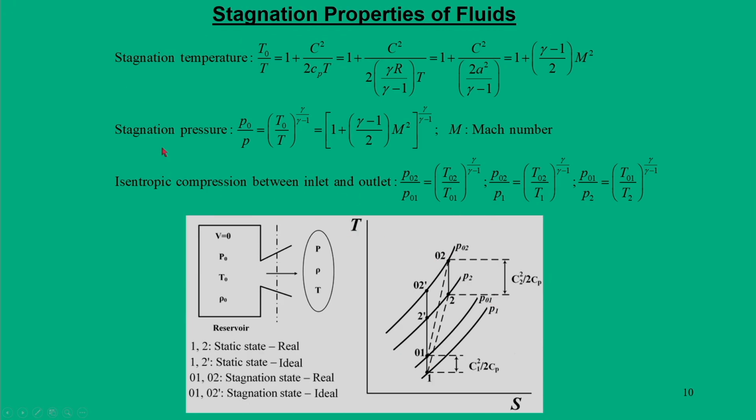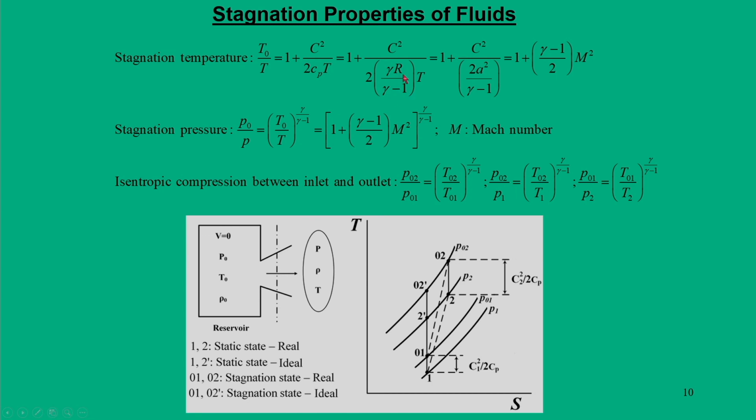By doing this, another expression we can derive, by defining the stagnation temperature, is T naught by T equals 1 plus C squared by twice Cp. Here you use Cp equal to gamma R by gamma minus 1.